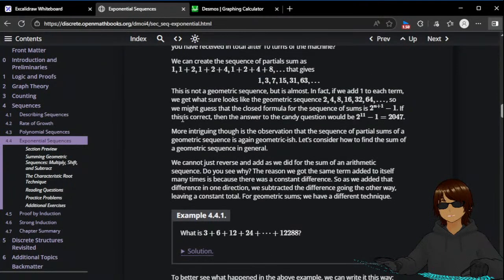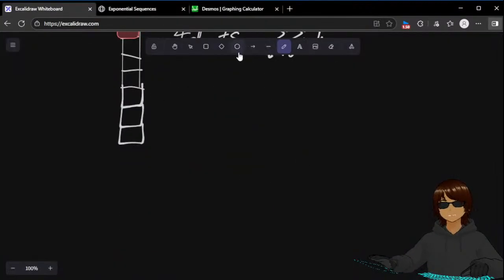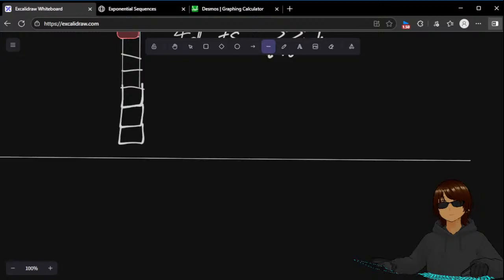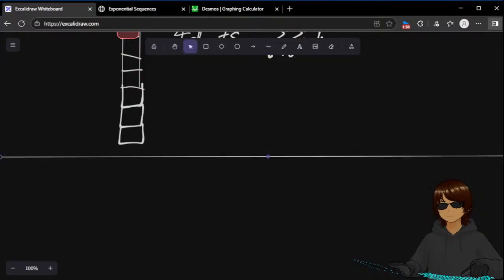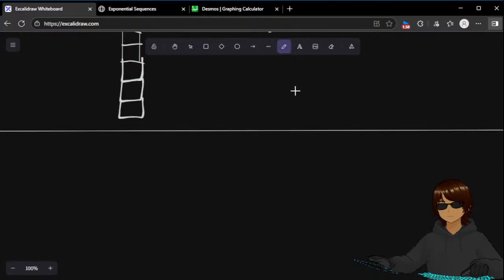More intriguing, though, is the observation that the sequence of partial sums of a geometric sequence is again geometric. Let's consider how to find the sum of a geometric sequence in general. Okay, a geometric sequence.